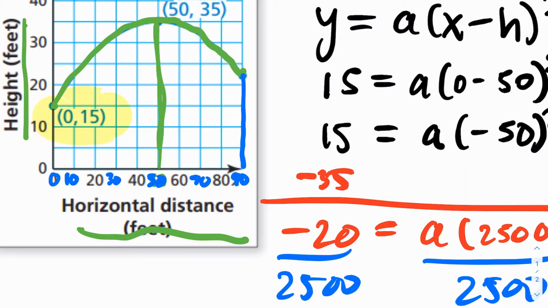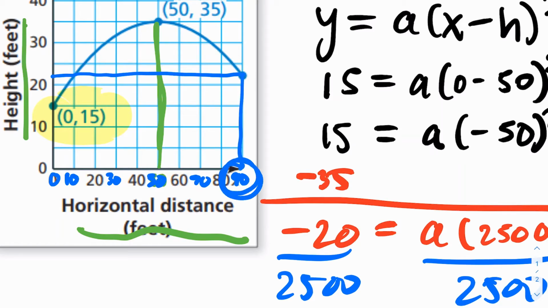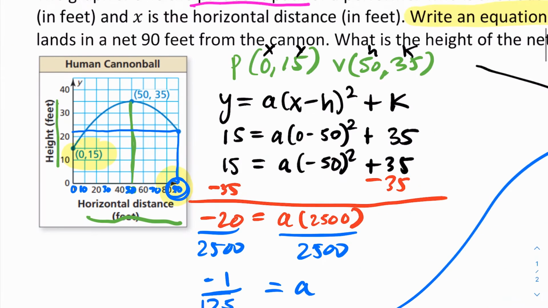And 90 is where the net is. That line right there, the net, is at 90. And it looks like the height of the net is close to 20. Let me back out of this a little. It's just above 20 feet, but we don't know exactly where. And so we're going to plug 90 into our equation so that we can know exactly where.